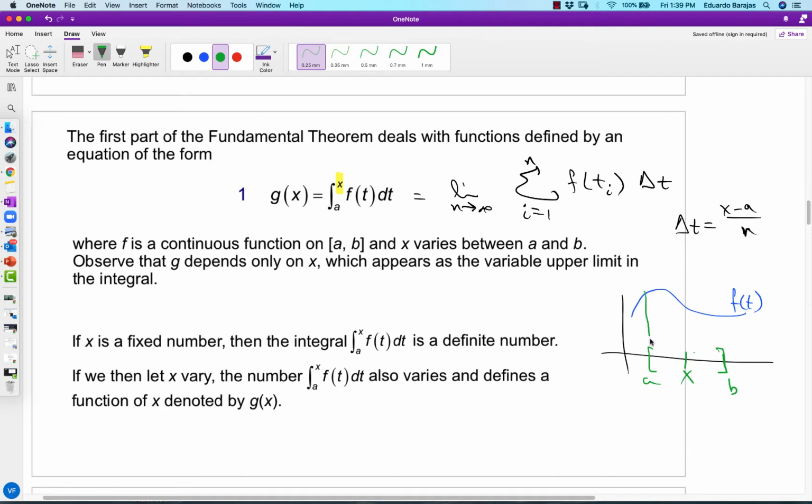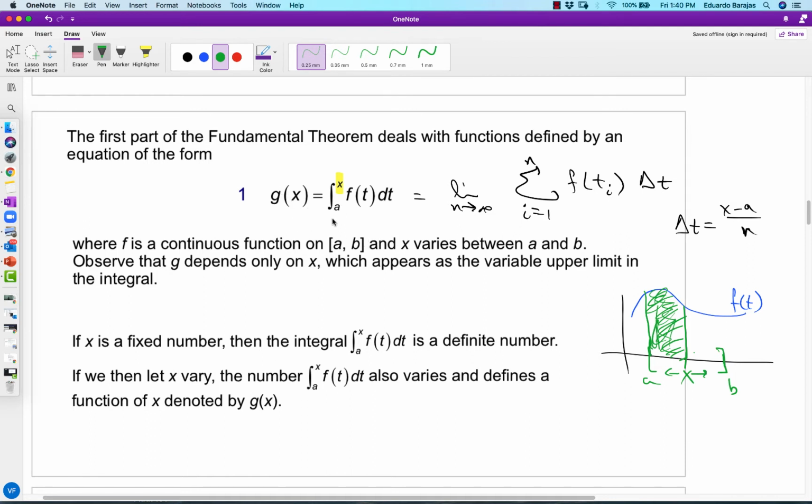So what we're interested in is letting g be the area so far, as x is allowed to move left and right. When we choose a specific value, when we let x equal a number somewhere in here, then we can plug it into there, and then we can find an actual specific answer. There's a specific area when this variable is selected. But if it's allowed to move anywhere between a and b, if it's a variable, then this upper limit of integration becomes the independent variable of this function.